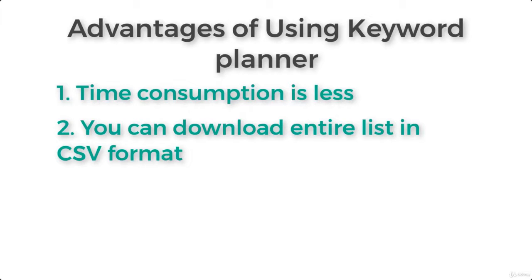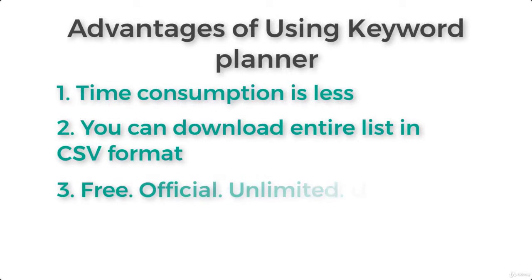So, it's easier to shortlist the keywords based on different criteria. 3. Above all, Keyword Planner is a free tool from Google itself. So, you get unlimited list of keywords, not just the top 5 or top 10, and they are all updated as well as recent.